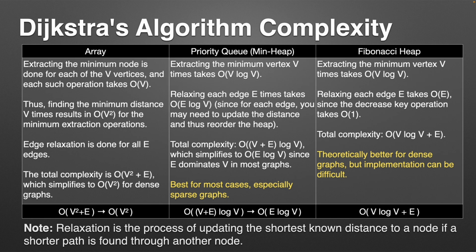This priority queue approach is, for the general case and for sparse graphs for sure, the best. The Fibonacci heap, in theory, would be better for a dense graph, but the implementation of a Fibonacci heap typically has overhead associated with it, and so that can actually overpower the advantage you're getting. So in general, the implementation you'll see is this priority queue min heap based implementation.